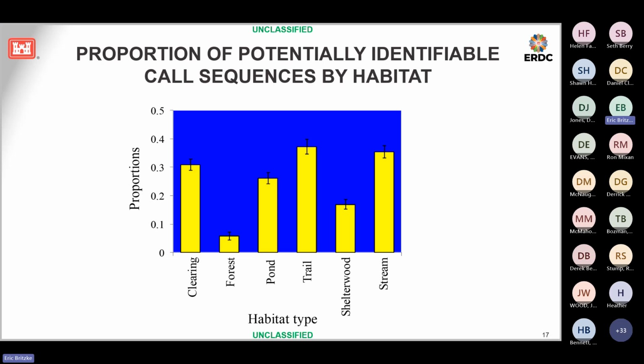It's that we have some variation across habitat types. And the other thing is we're talking about fewer than 50% of the calls being identifiable. So we have to be able to say, we know it's a bat, but it's too low a quality for us to try and identify the species. And so we can just identify it as a bat and move on. That's one of the reasons we do things like high and low frequency classification.